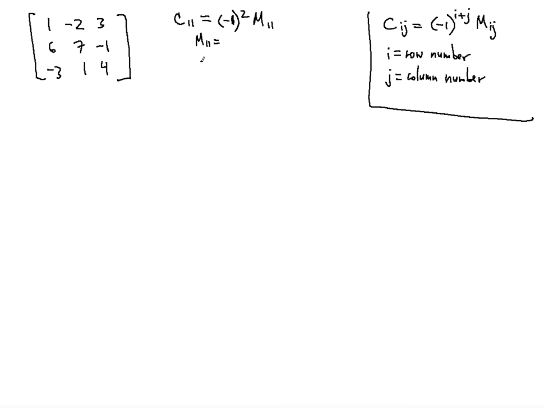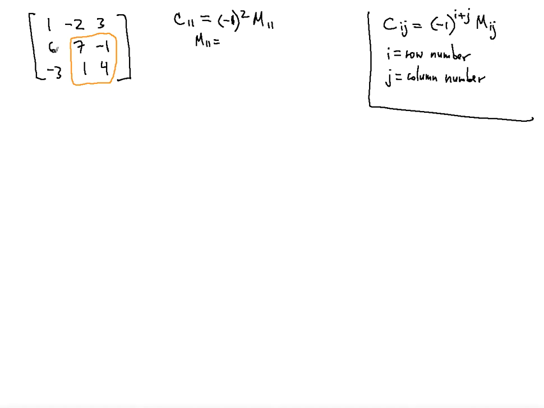M11 is going to be the determinant of these two rows and columns. Why? Because M11 excludes the row number and column number, right?